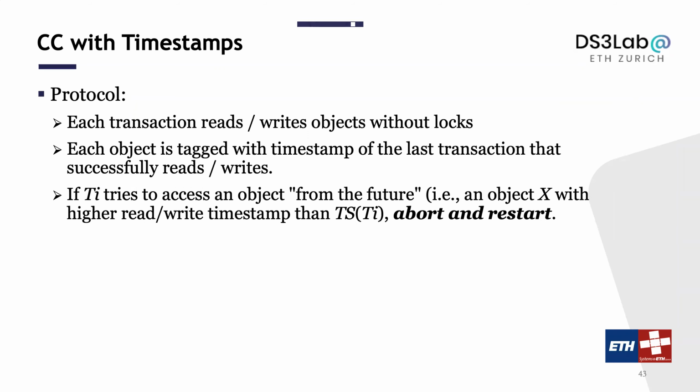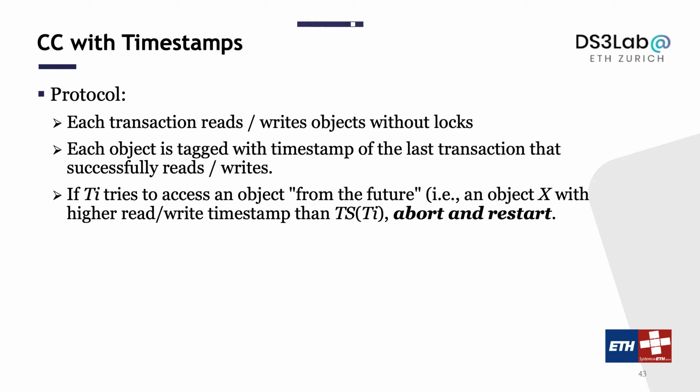This is just a very simple protocol. But as you can see, as long as you enforce this protocol, you are always going to enforce a serial schedule that is consistent with the timestamps, because your transaction will never read or write from the future.